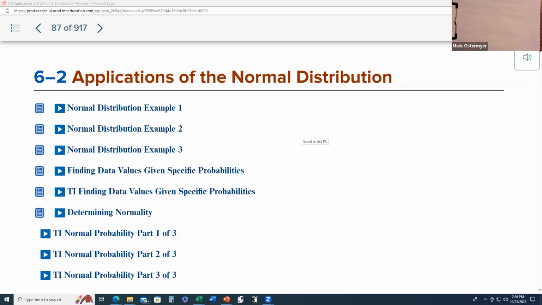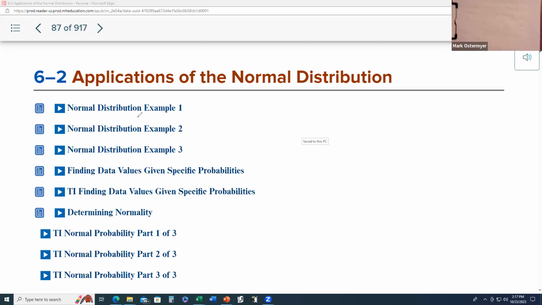Let me take a quick look at the schedule. I'm pretty much out of time here today. 6.3, the central limit theorem.